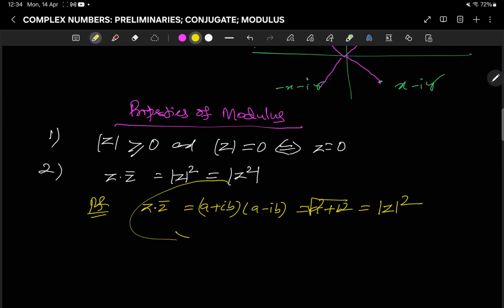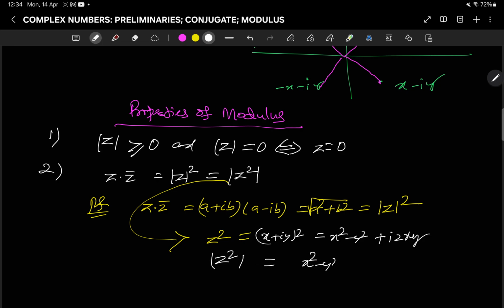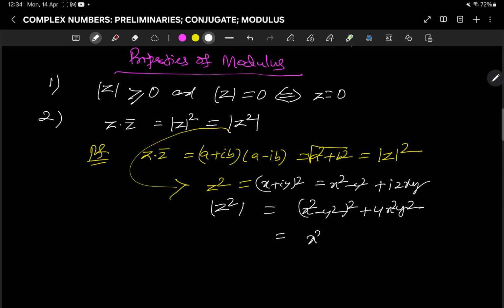Similarly, if I think of z square, it is x plus iy whole square. So this is equal to x square minus y square plus i 2xy. Now if I take z square modulus, it is the square root of x square minus y square whole square plus 4x square y square. So this is the square root of x square plus y square whole square, right?